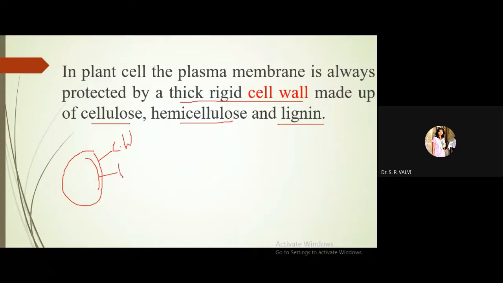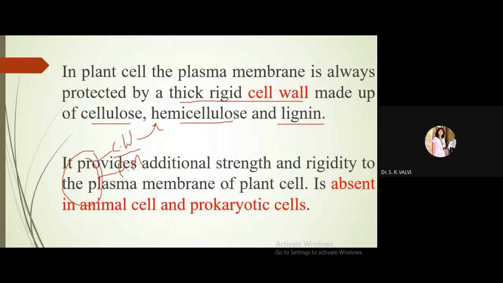We call it the plasma membrane, or cell membrane, right? So it is written that the plasma membrane is always protected by a thick rigid cell wall, and this cell wall is made up of these chemical constituents: cellulose, hemicellulose, and lignin.